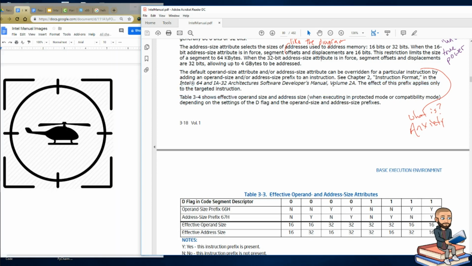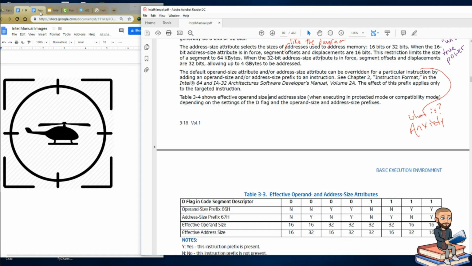So an idea I came up with not too long ago is I'm going to have an accompanying images document to go with this Intel manual because images help people learn. So when I find out whatever this instruction prefix is, I'm going to connect it to this idea that it is used to specifically target a particular instruction.